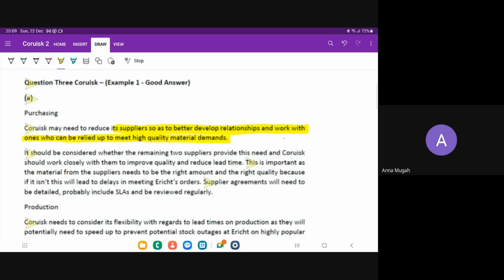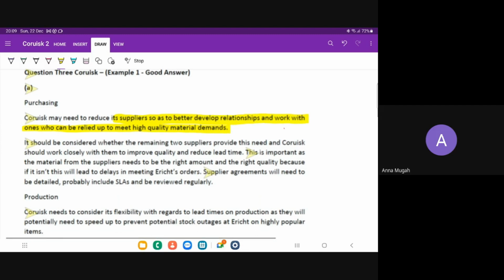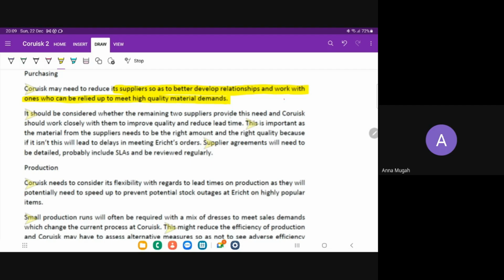But I think you should write it in paragraphs. That's more important, right? This is also an important point: build a relationship with the supplier.